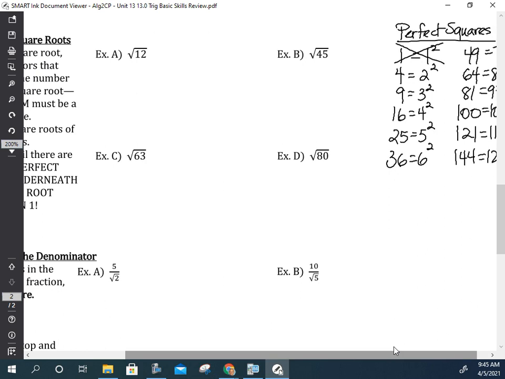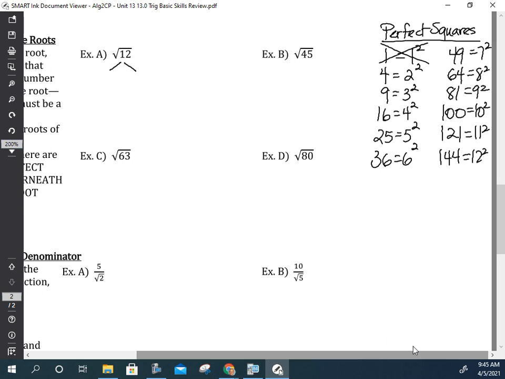So in the case of 12, we need 2 numbers that multiply to 12, and one of them has to be on this list. So 12 multiplies to 4 times 3.